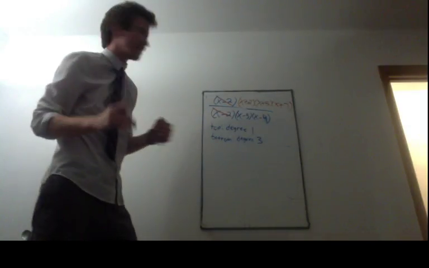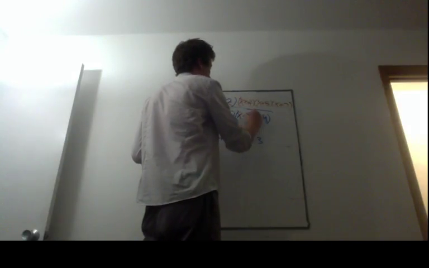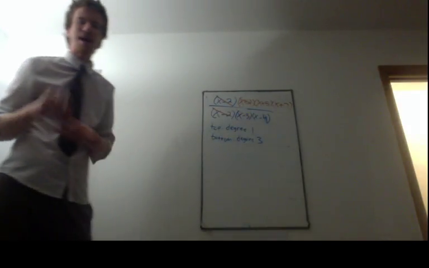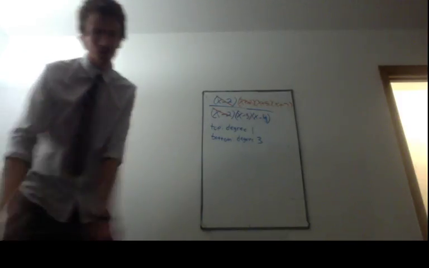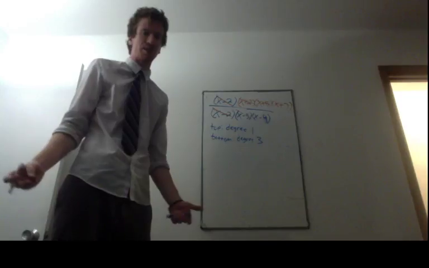Also at infinity, x plus 2 and x minus 3 are basically the same. So they're going to cancel each other out. And then at infinity, x plus 5 and x minus 4 are also basically the same. Like, infinity plus 5 is basically the same as infinity minus 4. So those also cancel out.